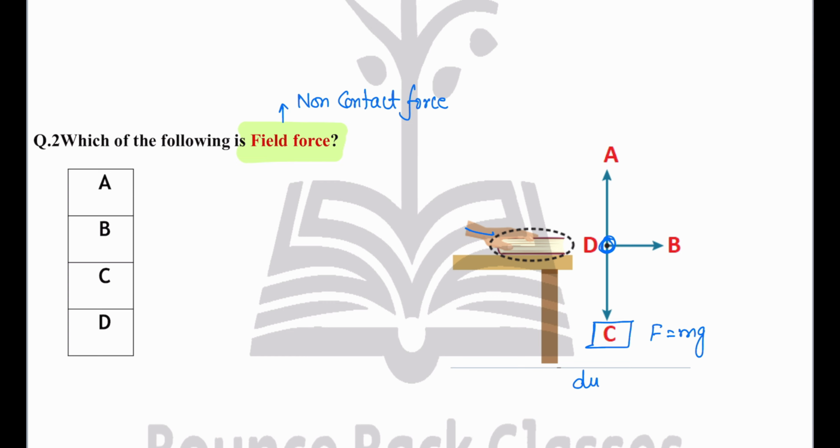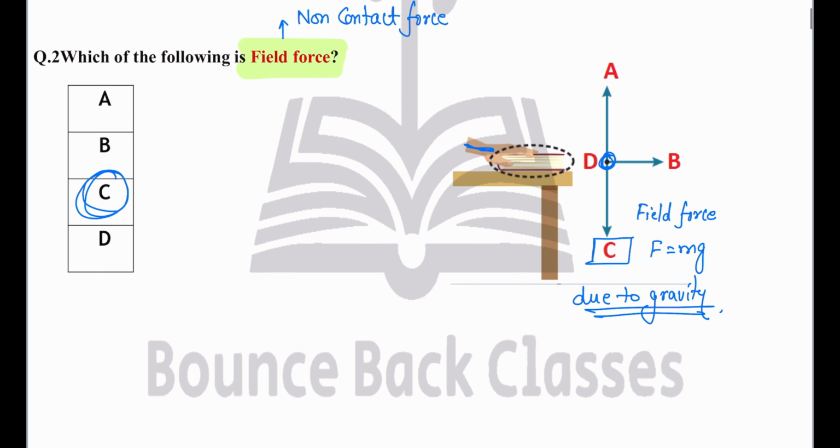Mg is due to gravity. Do you understand? Due to gravity, so it's going down. It's the field force. If he is asking you contact force, then this hand is your contact force. So answer is C here. Fine? Okay, next question.